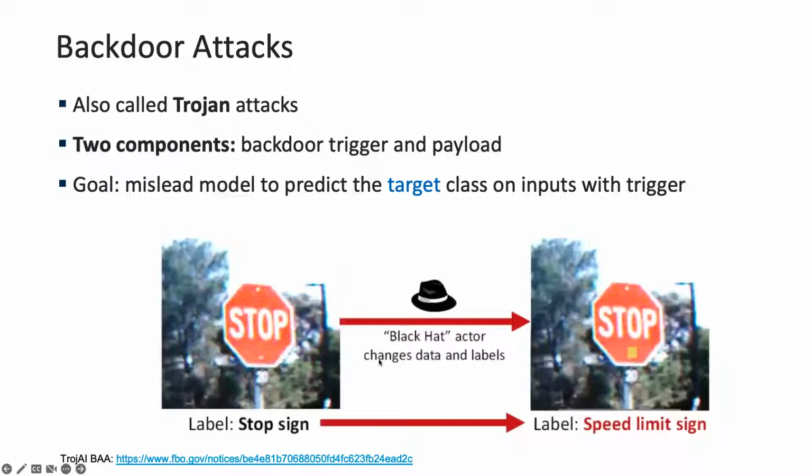Here I'm showing an example of a backdoor attack in a traffic sign recognition task. The left side of the figure shows the clean image with a stop sign, and the right side shows the image with a yellow square stamped on top of the clean image. This poisoned image will be mislabeled as a speed limit sign by the Trojan model.